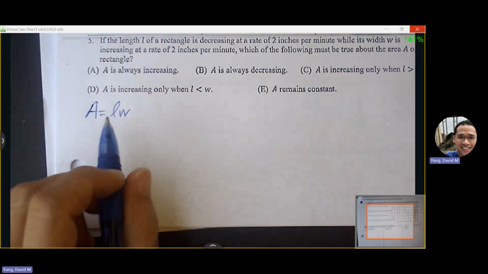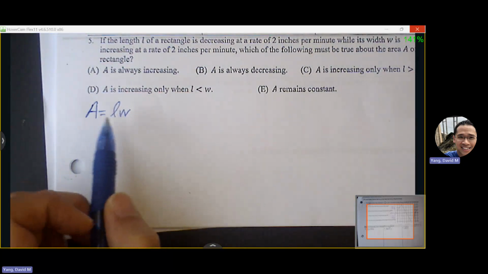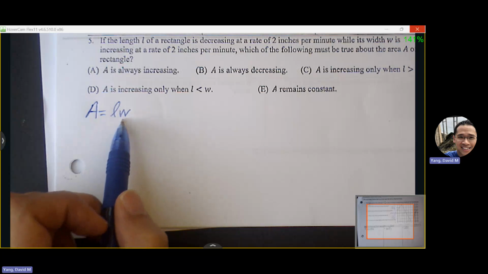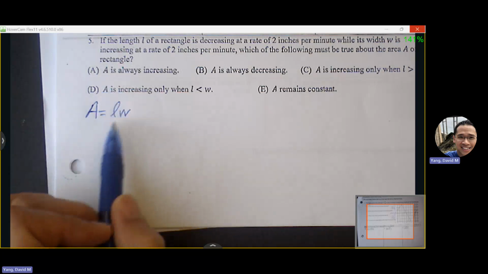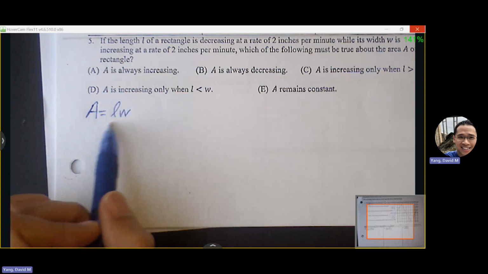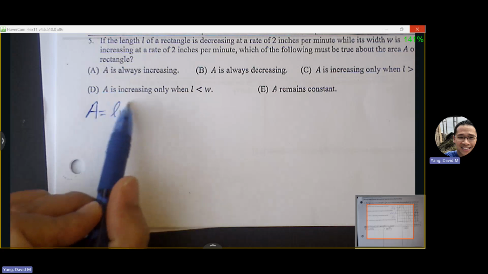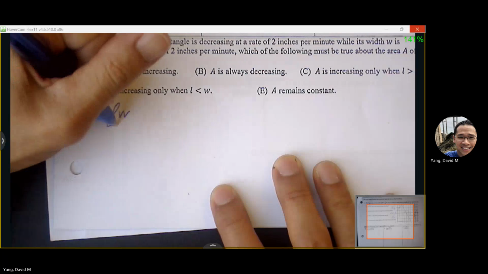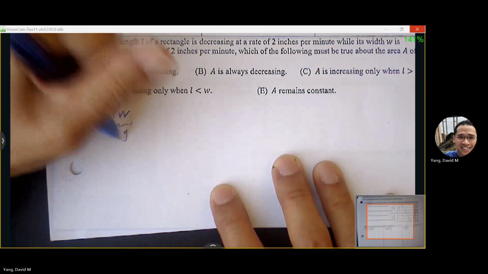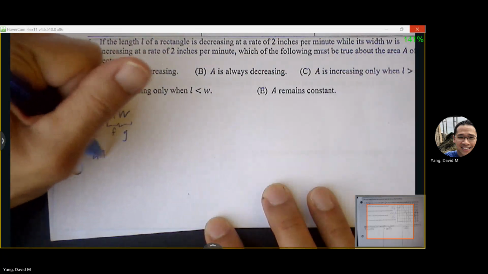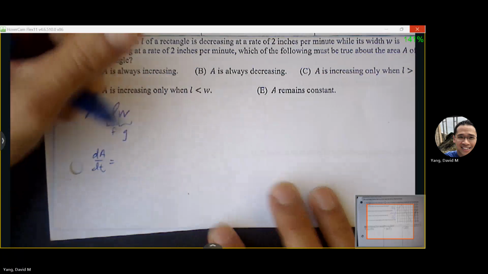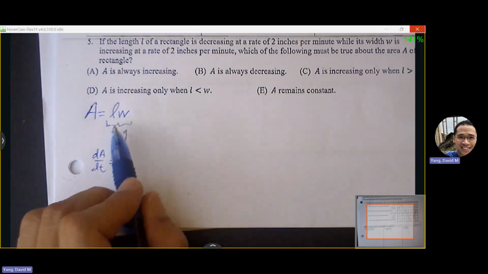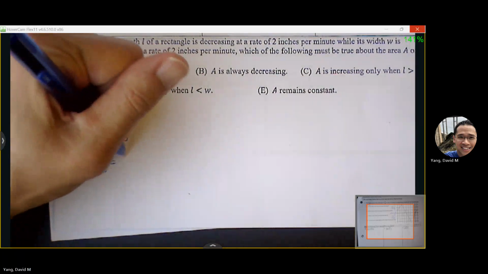We want to find the derivative so that dA/dt, dL/dt, and dW/dt show up. The right side, though, we have to go through the product rule because these are two different variables being multiplied with each other. Okay, so f prime g plus f g prime.